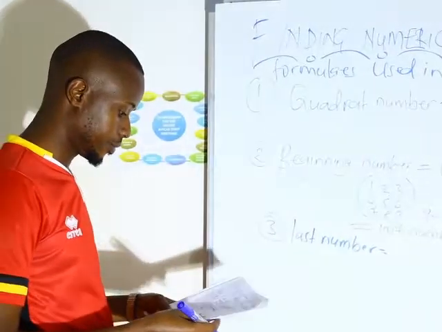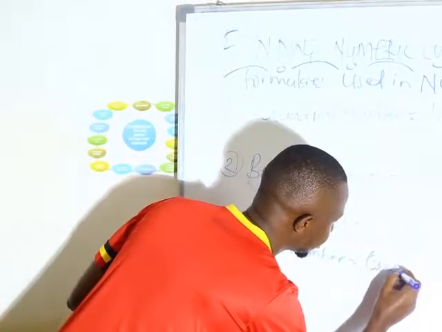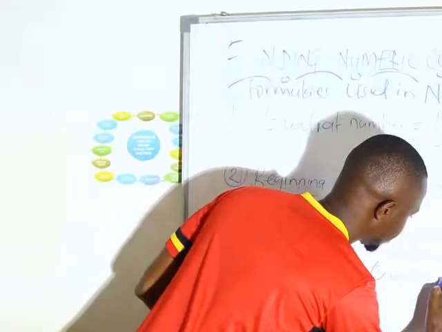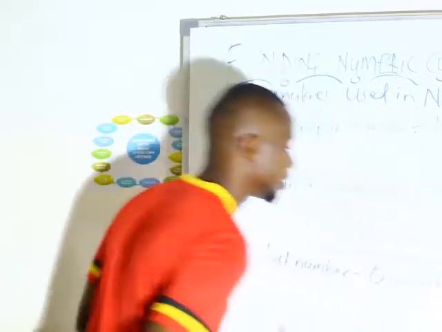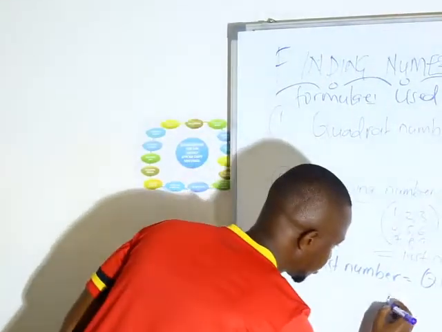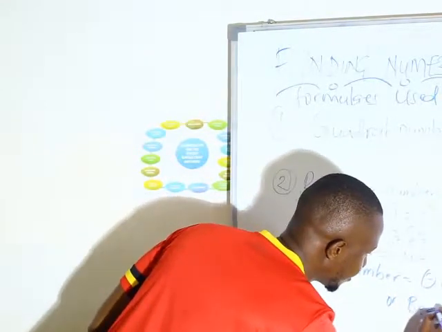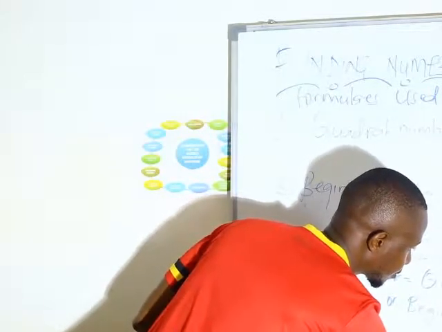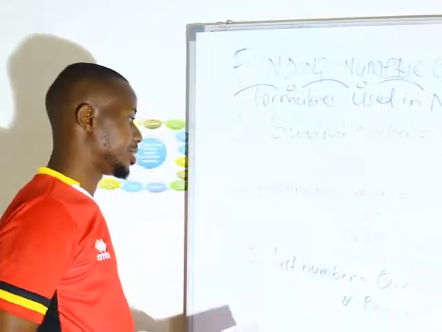Last number equals quadrant number times 9, or last number equals beginning number plus 8.